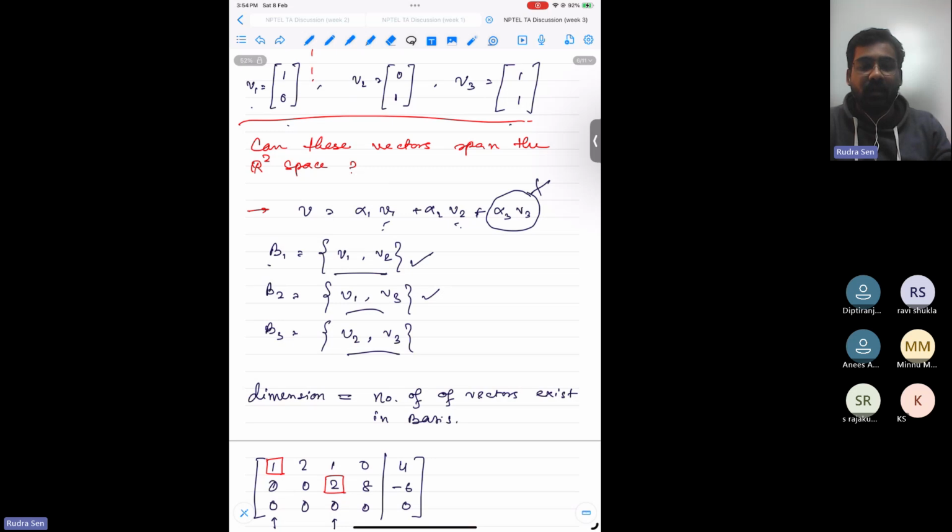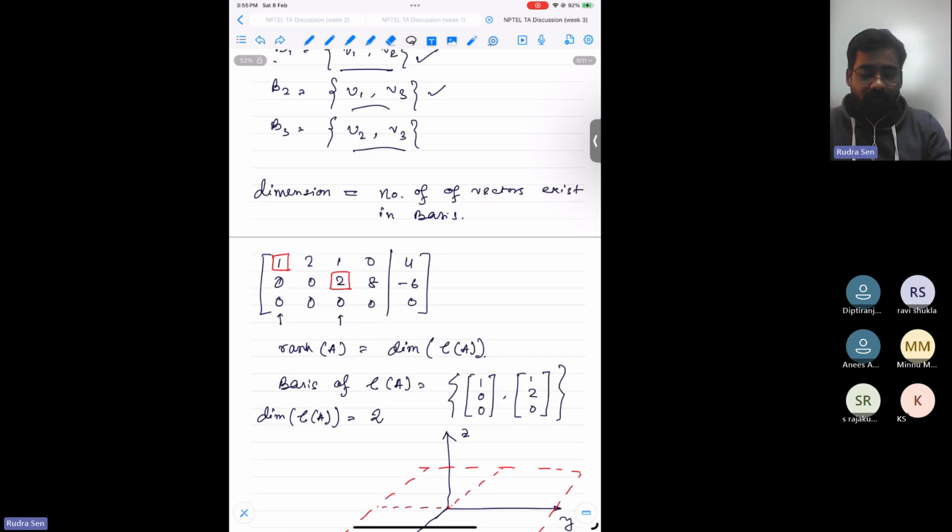The number of vectors in a basis is the dimension of the system. The dimension of the system I have said is R2, so there should be two vectors in the basis. More than two vectors can't be possible, and basis means the exact number of vectors that are linearly independent and span the whole space.